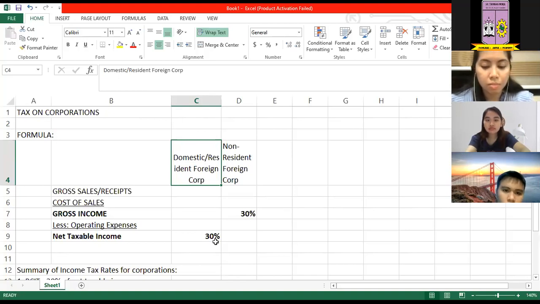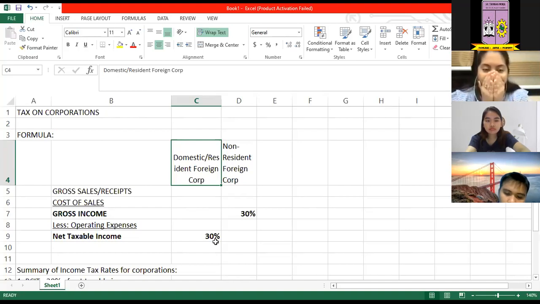Kasi yung situs ng taxation ng domestic corporation is within and without the Philippines. Lahat ng income ng domestic corporation within and outside the Philippines are subject to income tax here in the Philippines. But domestic corporation lang, kasi yung resident foreign at saka non-resident foreign corporation, yung situs nila is yung income lang nila within the Philippines, yan lang yung subject sa income tax here in the Philippines.